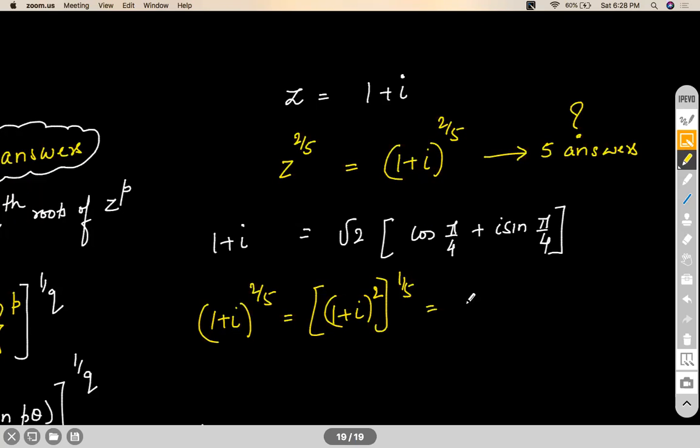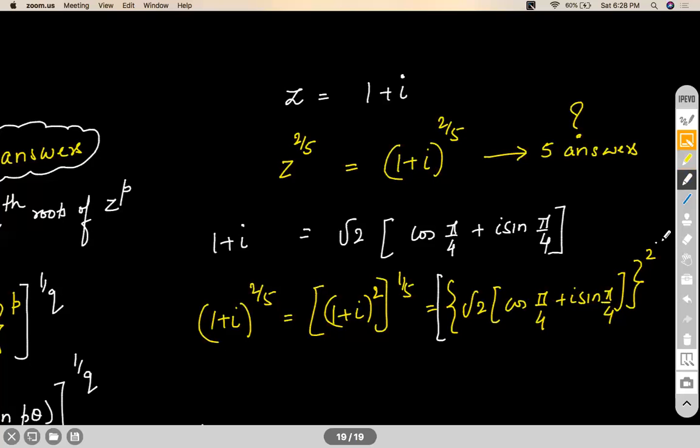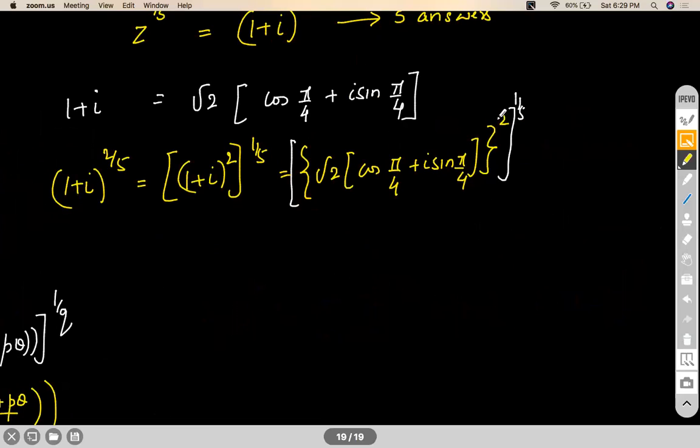So root 2 cos pi by 4 plus i sin pi by 4, whole raised to the power 2, and then the whole thing raised to the power of 1 by 5. This power of 2 you can easily write as 2 cos pi by 2 plus i sin pi by 2, whole raised to the power of 1 by 5.